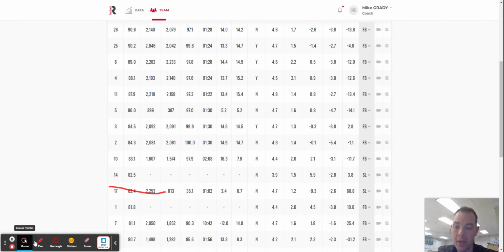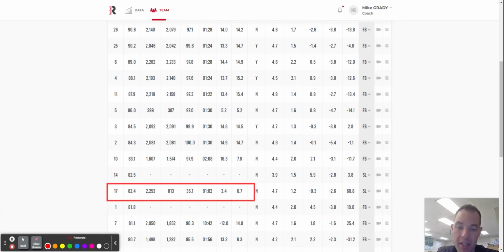If we scroll down, we can see this slider is a little bit different because, let's go ahead and draw a rectangle around that so we can see some of the info here. We can see the velocity is a little bit different. We can also see that the spin efficiency is 36%. So a slider has what we call bullet spin, and so we should see a lower spin efficiency.